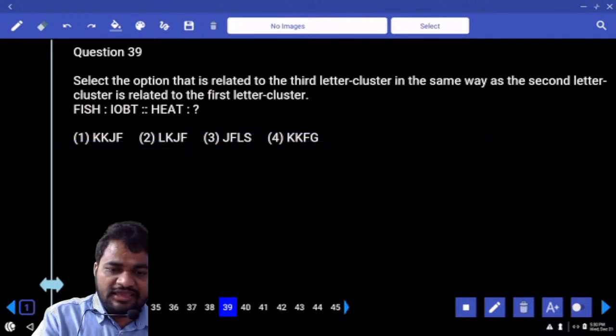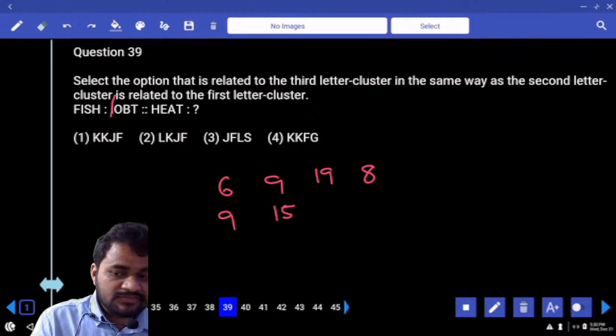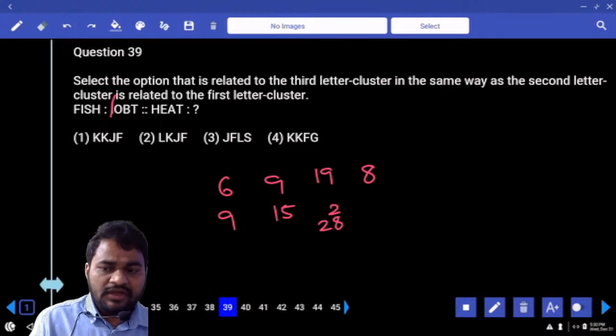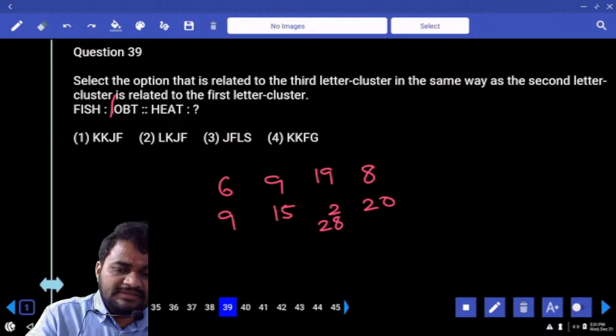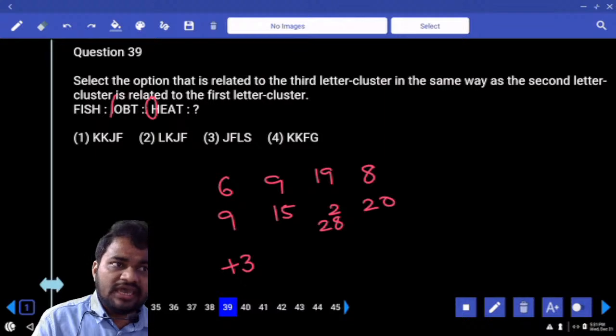Next, 39. Fish. F is 6, I is 9, S is 19, H is 8. Next, decoding. I is 9, O is 15, B is 2, or if required 26 plus 2, 28. After that T is 20. 6 plus 3 is 9. What is H? 8. 8 plus 3 is 11, means K. Starting with K, we have two options.